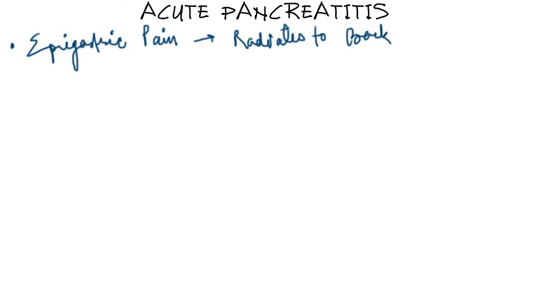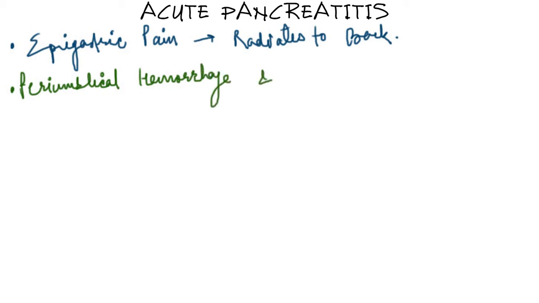After the epigastric pain we have periumbilical hemorrhage, and we can also have flank hemorrhage.